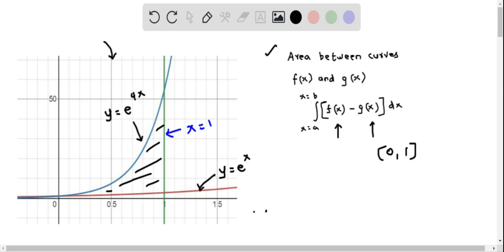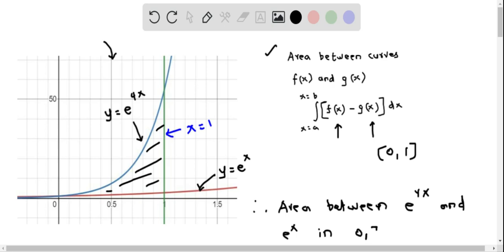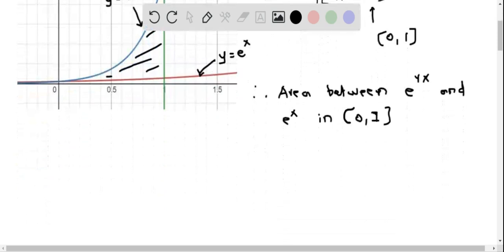So we write: area between e^(4x) and e^x in the interval 0 to 1 equals the definite integral from x equals 0 to x equals 1.